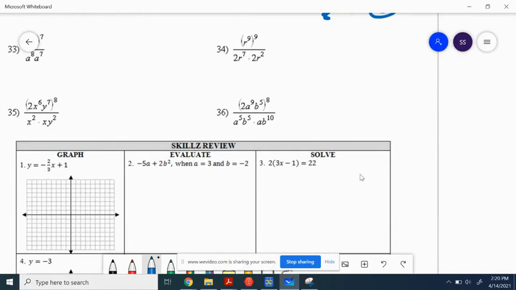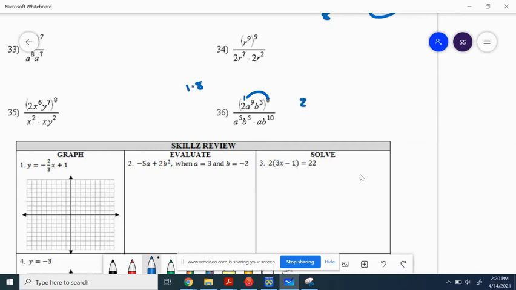36 looks like maybe the hardest, so I'll go ahead and do this one for you. All right, so let's simplify the numerator. We have this whole thing raised to the power of 8. So we're going to use the power rule and we're going to multiply. So again, don't forget this one. This is 2 to the first power to the 8th power. So we do 1 times 8.